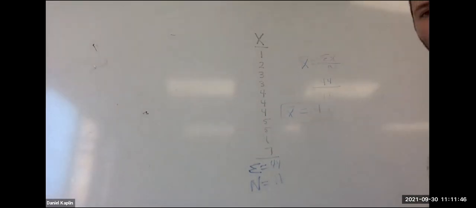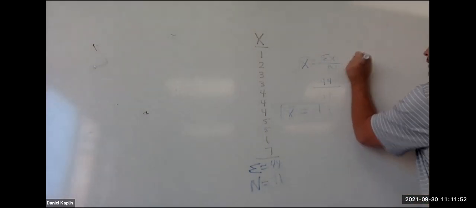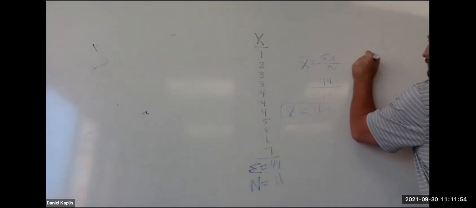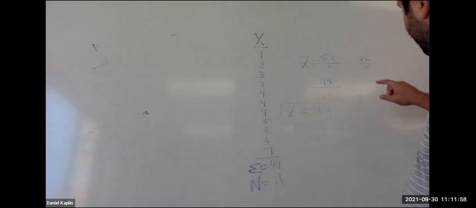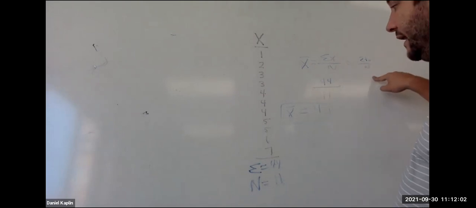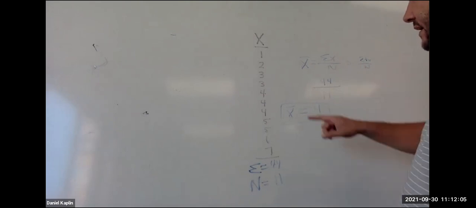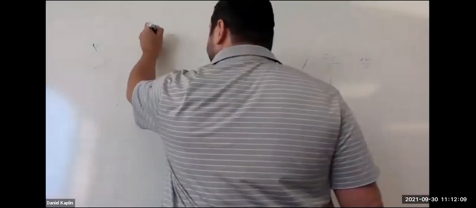44 divided by 11 gave me a mean of 4. Now, I want to show you that there's another formula, the sum of fx divided by n. So for that other formula for mean, I'm going to have to calculate another process. So I'm going to have to do this x column again.